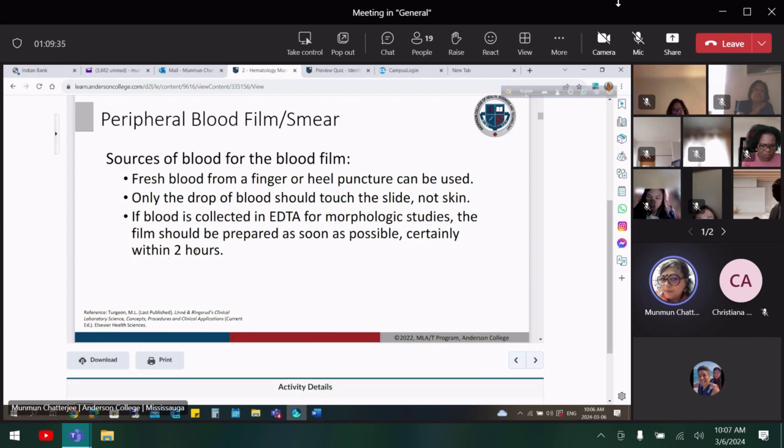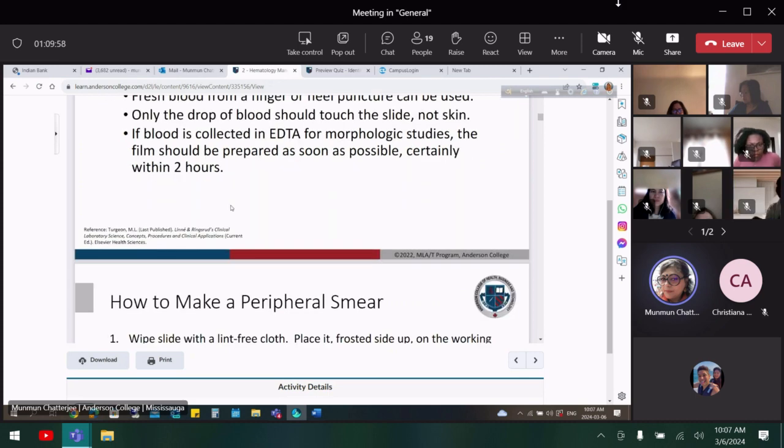So this is another question. For making the malarial blood smear, if you are getting it in the EDTA tube, it has to be done within 2 hours or as soon as possible. And you have to mix the blood. Whatever I am telling, take notes.